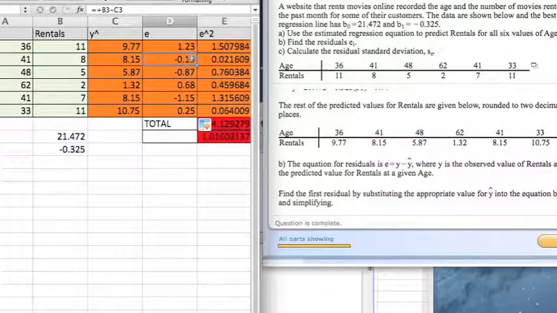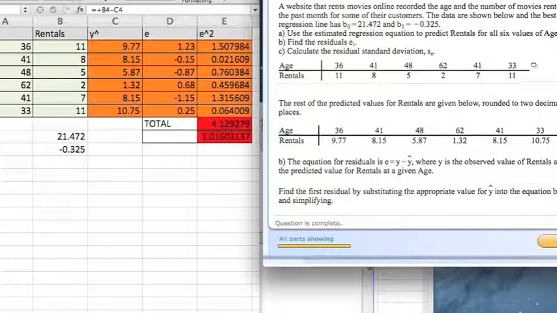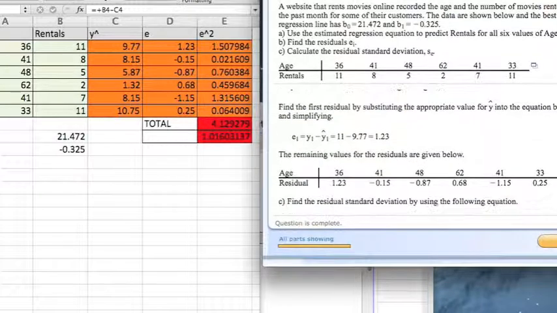So all of these are the corresponding B3 minus C3 and so on. I didn't need to lock in a cell here because I wanted it to increment all the way down. So those are my E values, which the solution went on to find for one, and then it shows it for the rest of it.